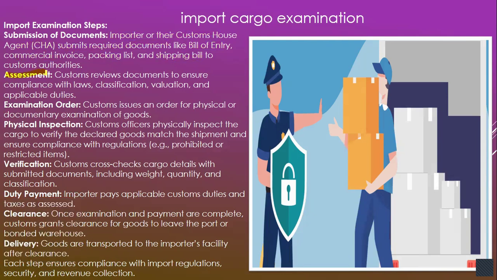Then assessment. We submit these documents and file the customs bill of entry as a checklist for approval. So what will customs do? Customs reviews the documents to ensure compliance with classification, valuation and applicable duties.